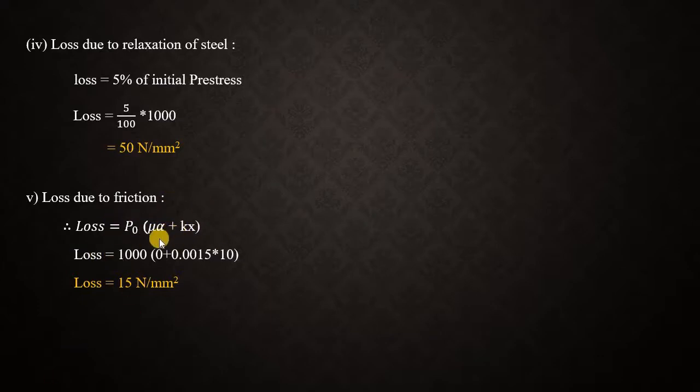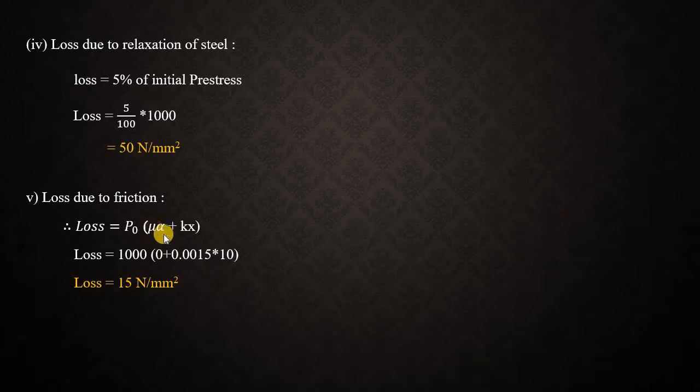Here you can observe we have alpha. Alpha is nothing but a slope. Here it's a straight tendon. In the question they have nowhere mentioned the cable is parabolic. It's a straight tendon, we don't have any parabolic variation, because of that we don't get any slope. So alpha will be 0.